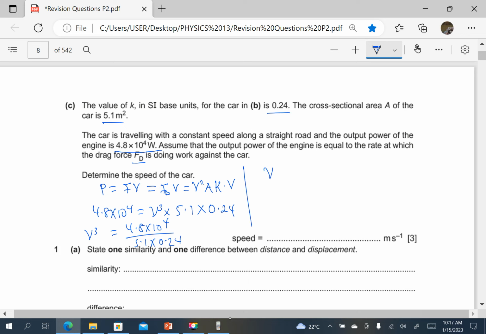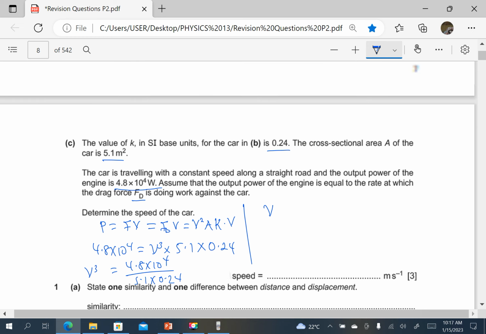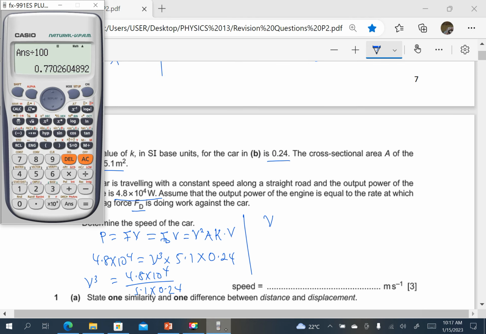So what is v? I'll just pull out my calculator. So we have 4.8 exponent 4 divided by, open another bracket, 5.1 times 0.24, close that bracket.